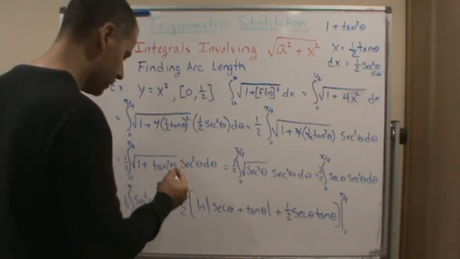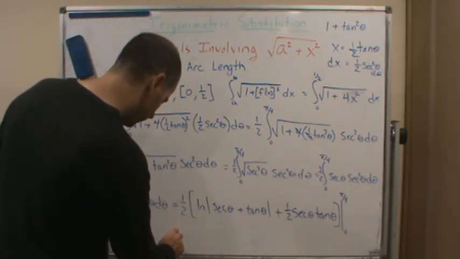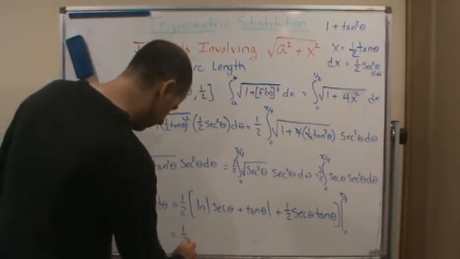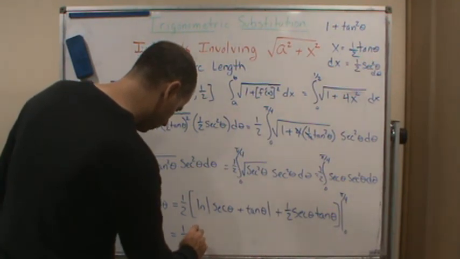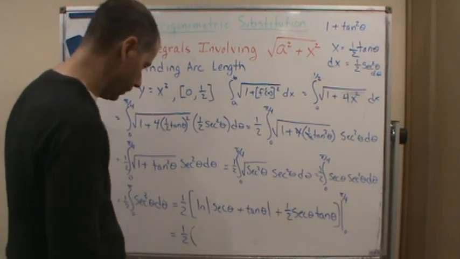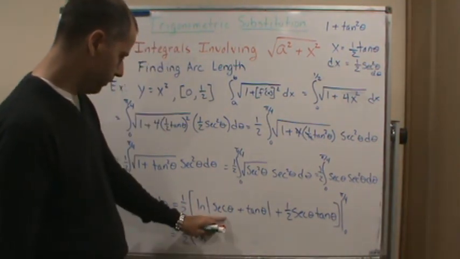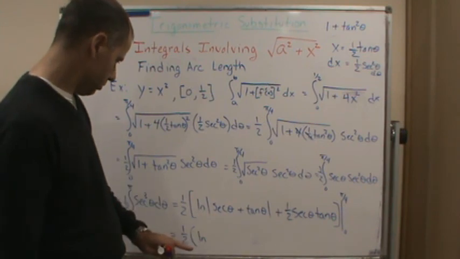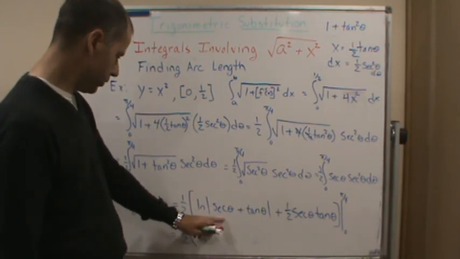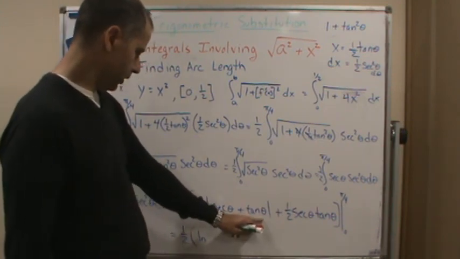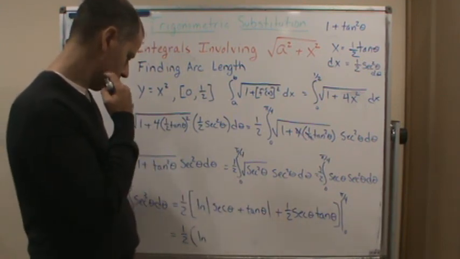So what does this become then? Well, this is going to become 1/2 the natural log of square root of 2 over 2, plus 1.